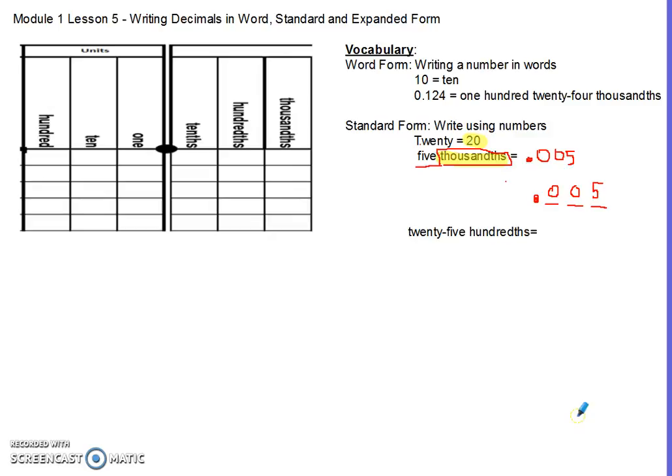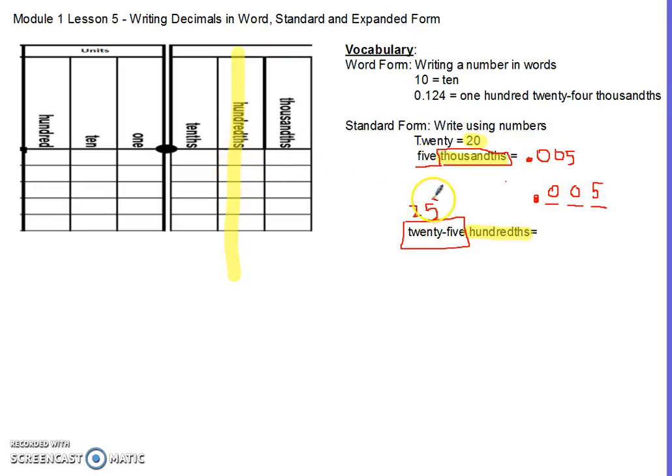Let's take a look at this number. I have 25 hundredths. I look for that decimal name, hundredths, so I know my last column is going to be the hundredths column. Then I take a look at the number 25. I have a 2 and a 5, and I start filling in that number going backwards in the hundredths column.